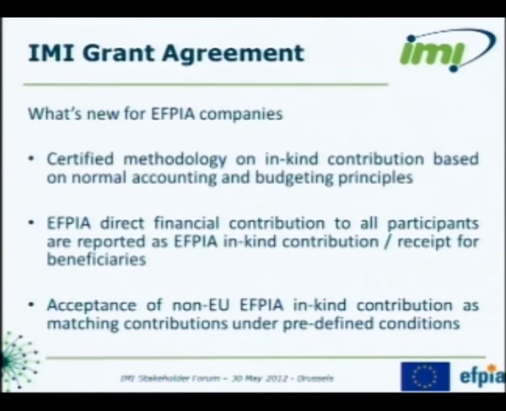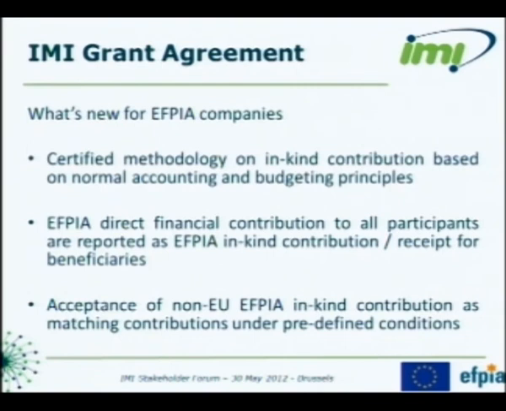Concerning this FPA company, once again, it might happen that in addition to the in-kind contribution of resources, personnel, and consumables they are making available to all these IMI projects, they might also award to some of the beneficiaries what we call a cash contribution. Mostly, these cash contributions are used to hire a PhD by an academic or an SME partner.